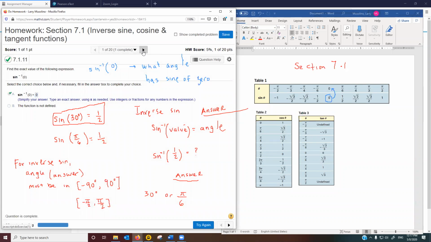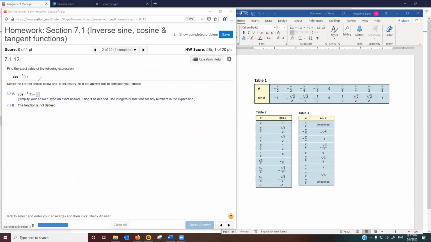Okay, let's go ahead and do another example. Here's cosine inverse of 1. Now, cosine inverse is really the same kind of setup where we're being asked what angle has its cosine equal to 1. But for inverse cosine questions, so for cosine inverse of a numeric value, your answer, and remember your answer here is an angle, must be in a certain interval.